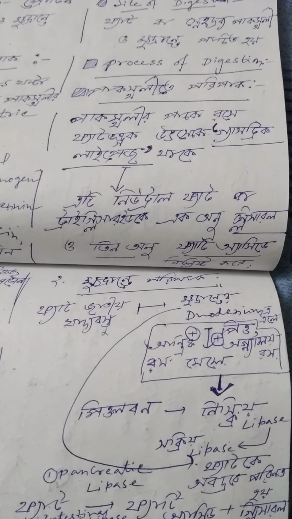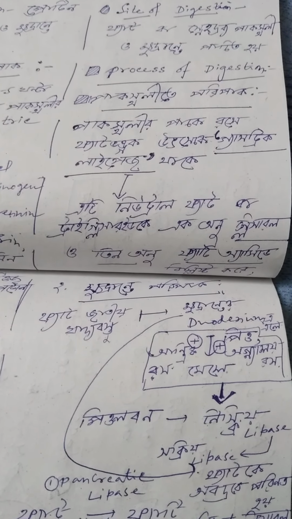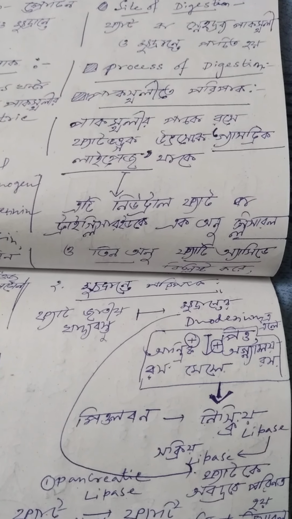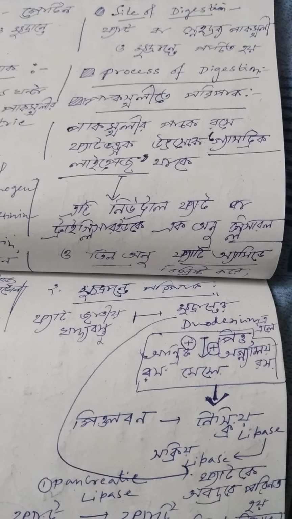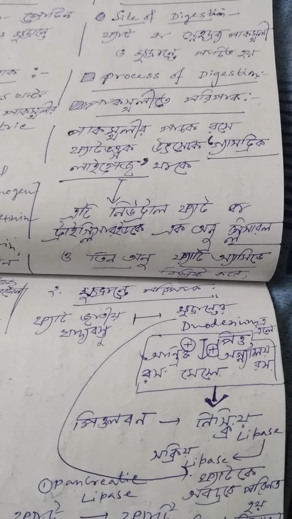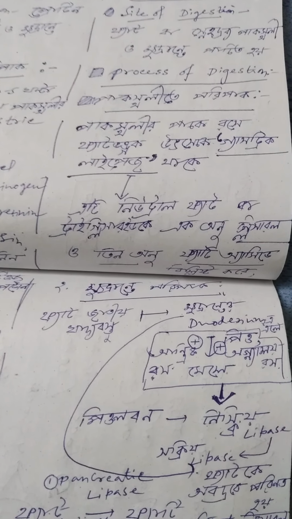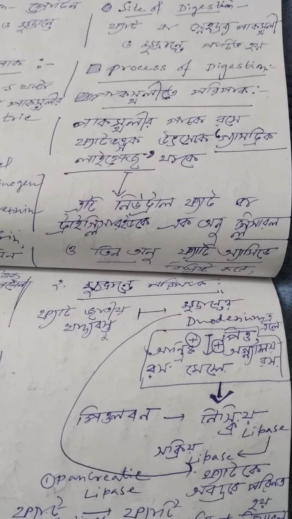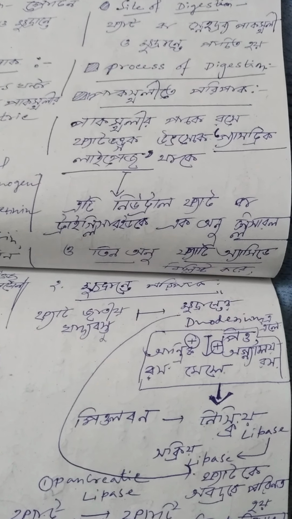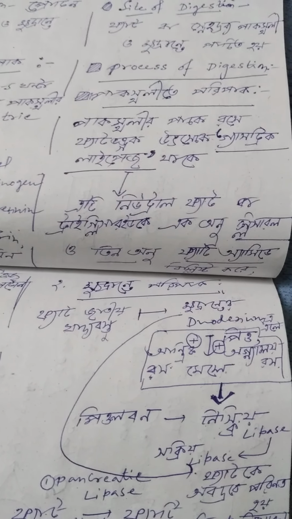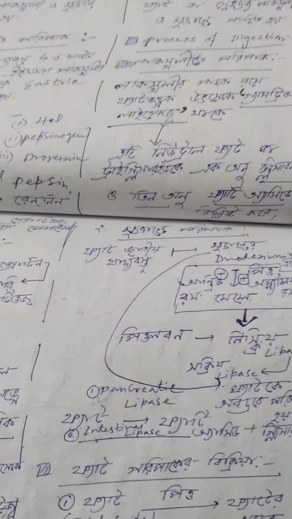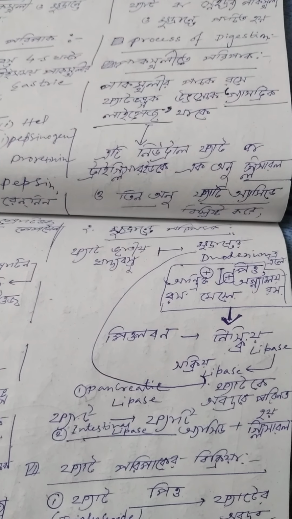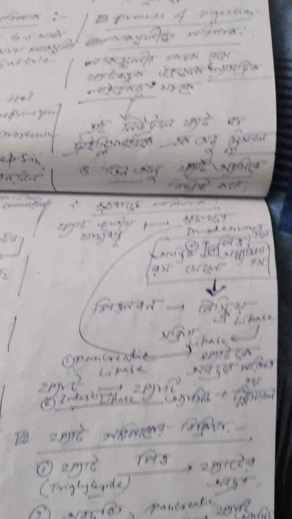And in case of fat, what have we seen? Basically, lipase is the main principal enzyme here, and it breaks down the neutral fat into glycerol and fatty acid. And we know there are different bile salts that help to activate the inactive lipase to its active form, and as a result it breaks down the fat into fatty acid and glycerol.